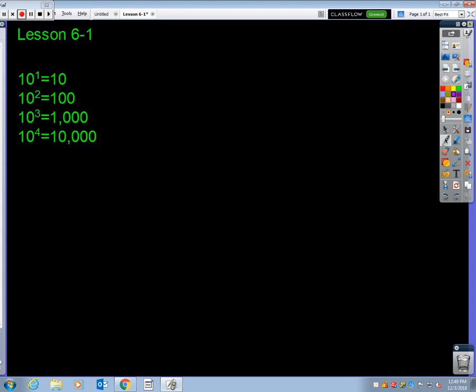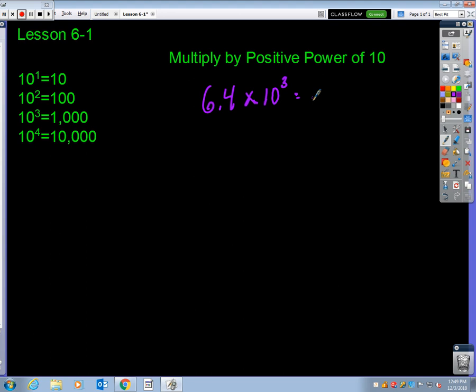And we know that when we're dealing with powers of 10 and we look at multiplying by a positive power of 10. So if I have a decimal like 6 and 4/10 times 10 to the third power, remember when we used to talk about this in class, I just have to rewrite this 6 and 4/10 down below, and I'm going to move the decimal, literally, because this is a positive power and it's 10 to the third power, I would move the decimal 3 places to the right.